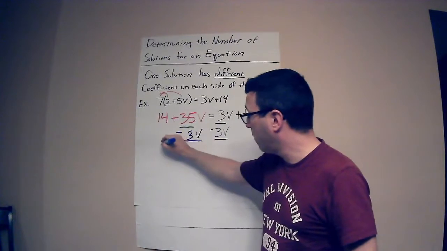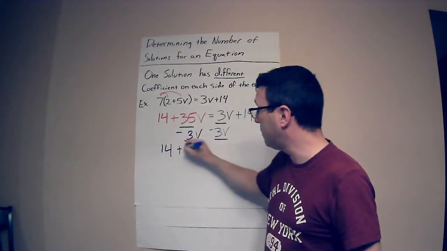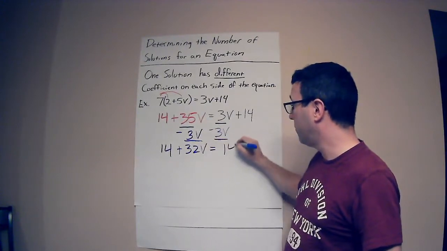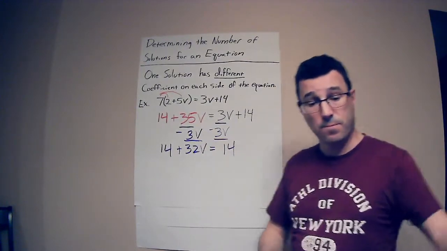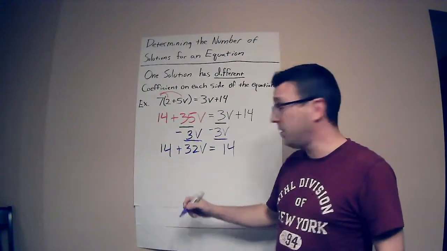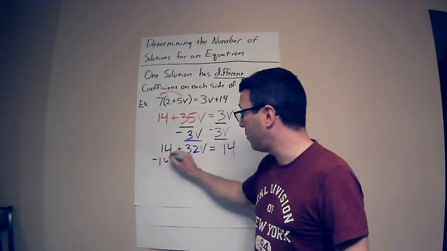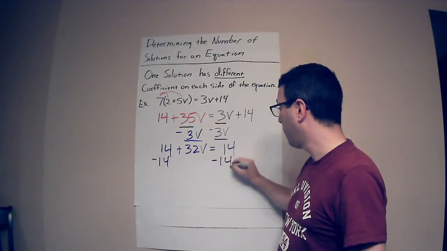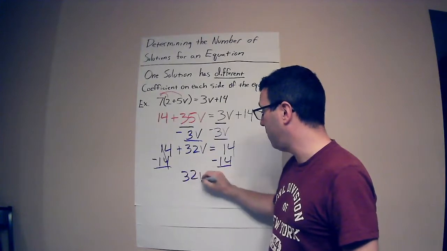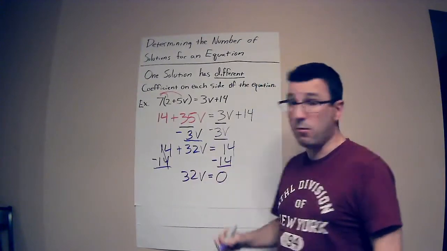We get 14 plus 32v equals 14. I want to get rid of this constant, so I'm going to subtract 14 from both sides. I get 32v equals 0.